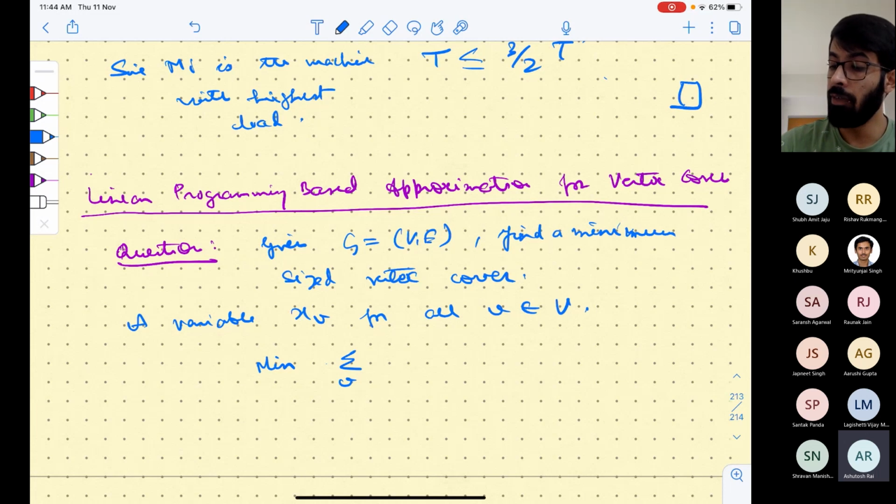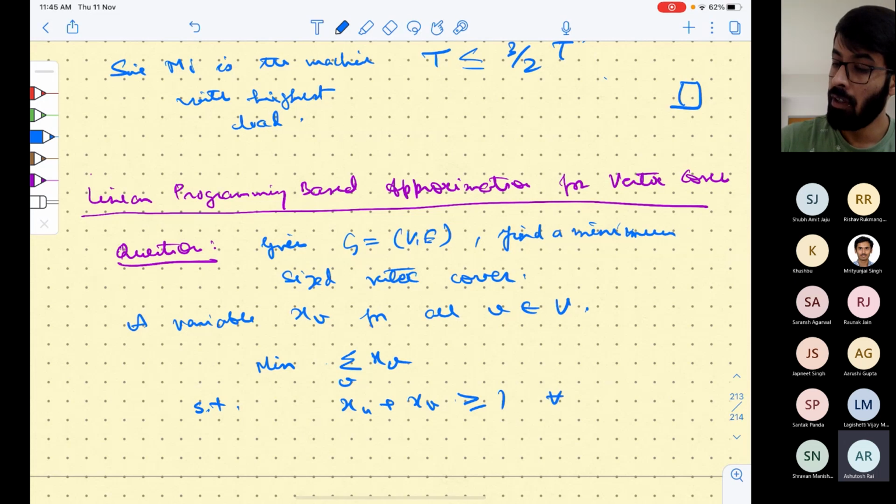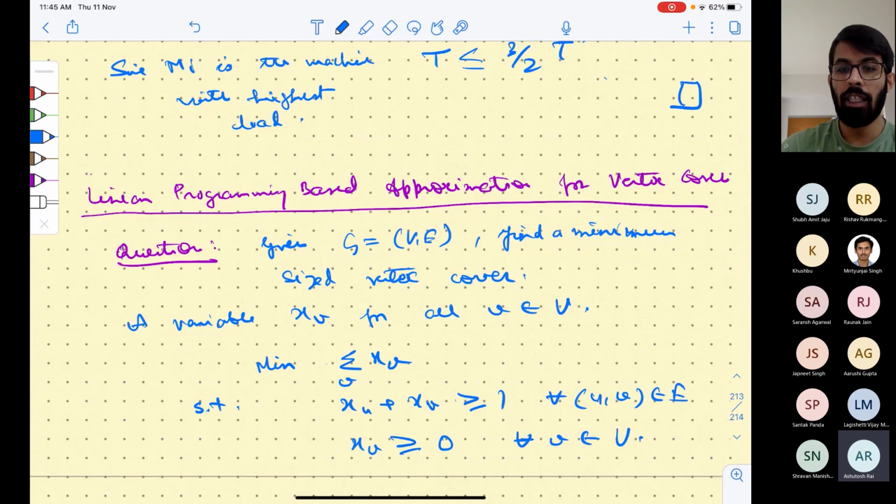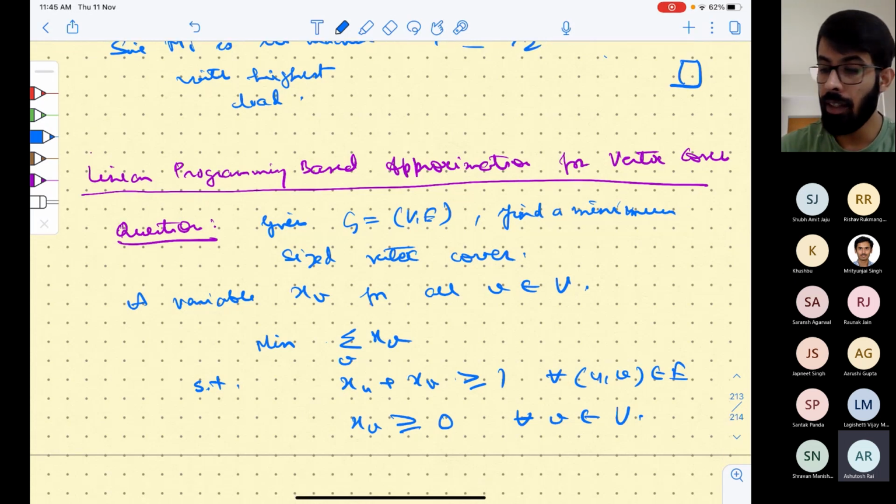We have a variable xv for all vertices, and we want to minimize the summation of xv, subject to xu plus xv is at least 1 for all uv in E, and xv is greater than or equal to 0 for all v belonging to V. So this is the linear program that we have for vertex cover, right?